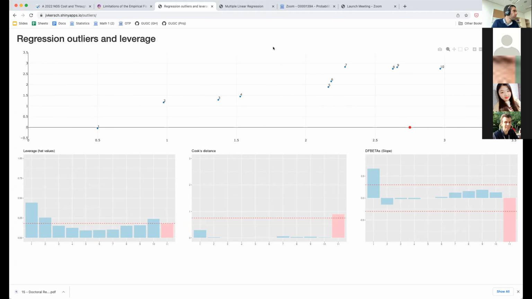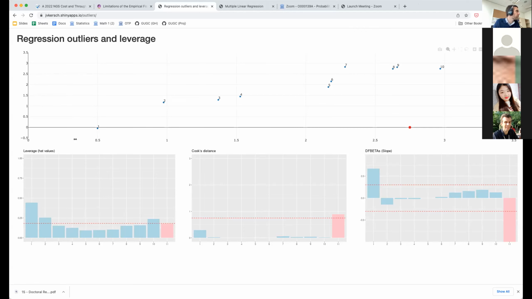Okay, you should be able to see my browser. It says regression outliers and leverage on top. Give me a shout if you can't. Otherwise, I will assume that you can. Actually, let me have a quick look at how this looks on my iPad. Okay, so I hope it's legible because the font is a bit small.